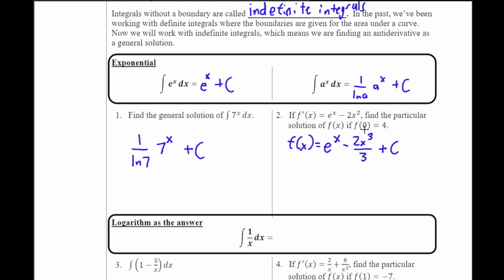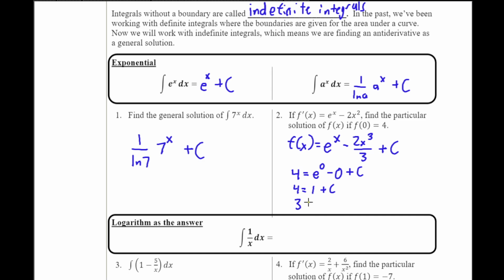We can plug in x is 0 and the output f of x is 4. So replace f of x with 4, which is equal to e to the 0 minus 2 times 0 cubed over 3, which is 0, plus c. So 4 equals e to the 0, which is 1, minus 0 plus c.